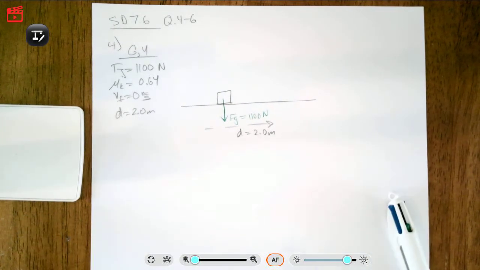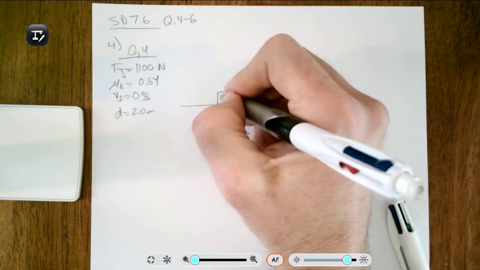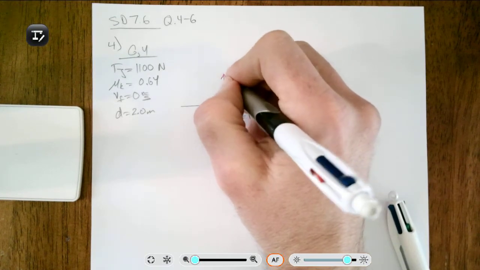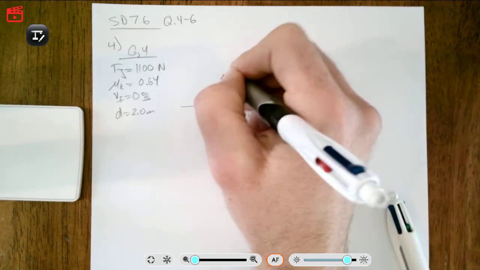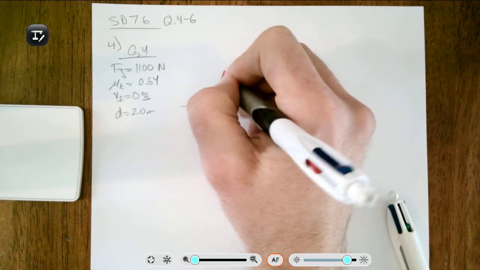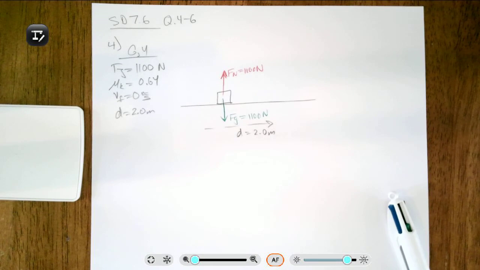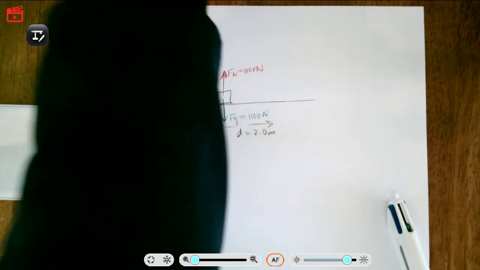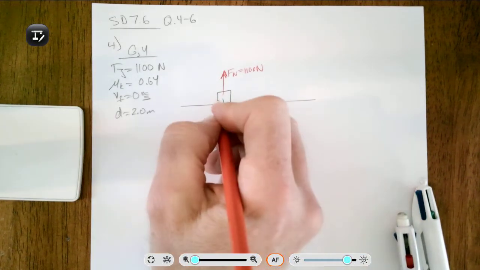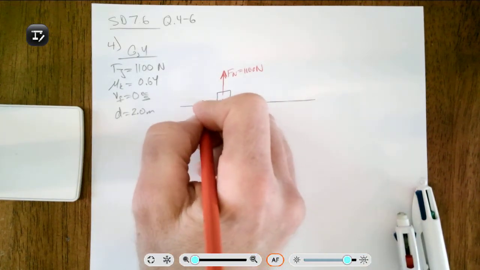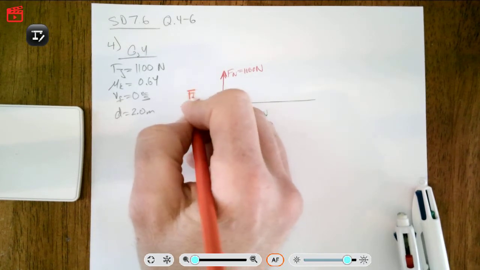We also have here an FN, which will match the FG, 1,100 newtons. And now, are there any other forces involved? Well, yes. He's sliding to rest, so something's changing his velocity. That's an acceleration. There must be a net force acting. In this case, of course, the force that's acting is the force to slow him down, the force of friction from the ground. Here it is, FF.